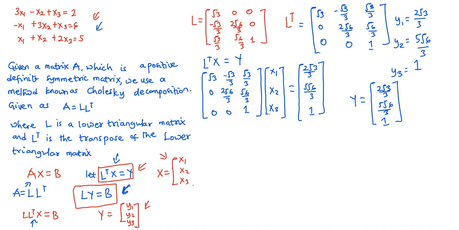So we have 1 x3 equal to 1. This means x3 is equal to 1, right? Now let's find x2.